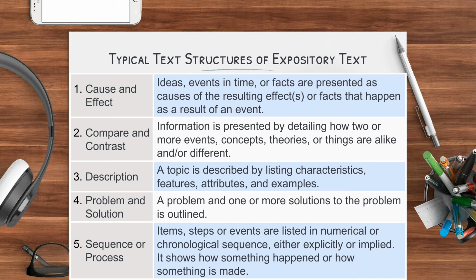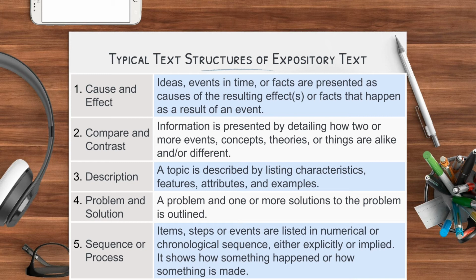Compare and contrast essay would have information which is presented by dealing how two or more events, concepts, theories, or things are alike and or different. So these details of their similarities and differences are presented.